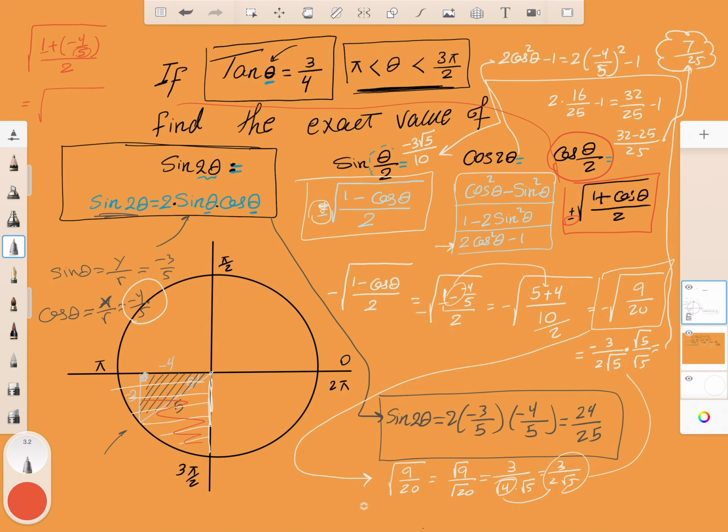Find the common denominator, so it will be 5 minus 4 over 5 divided by 2. It will be 1 over root 10, which will be root 10 over 10 by rationalizing it. 5 minus 4 is 1. 5 times 2 is 10.